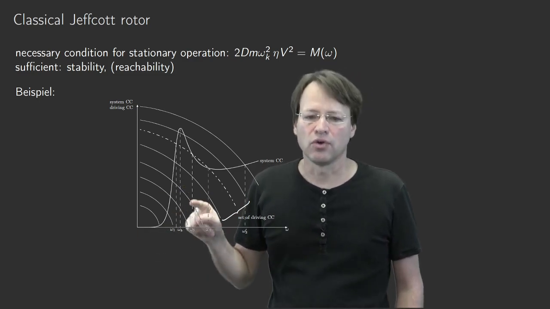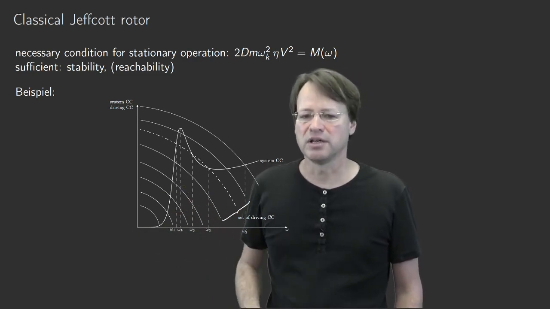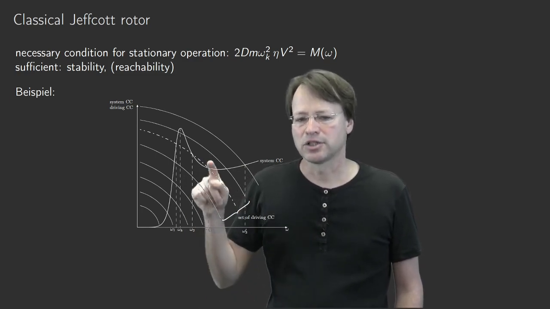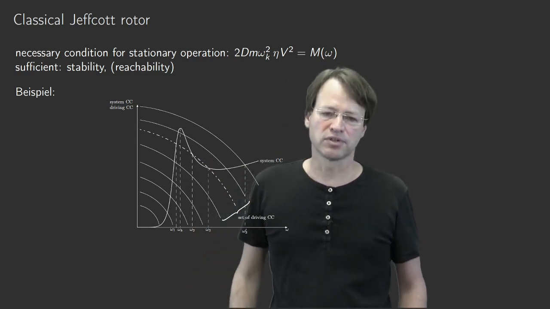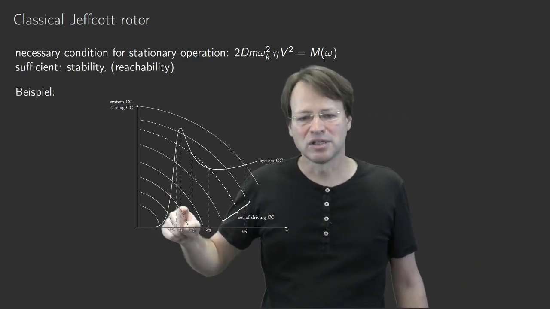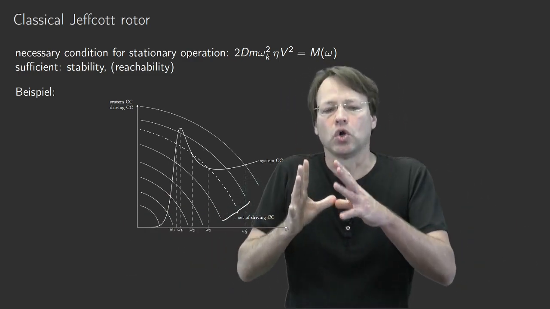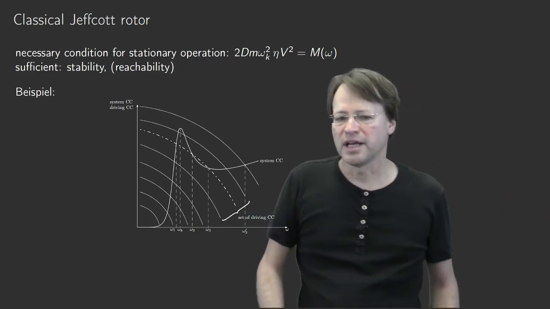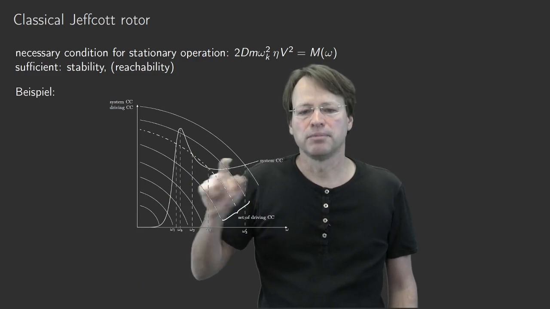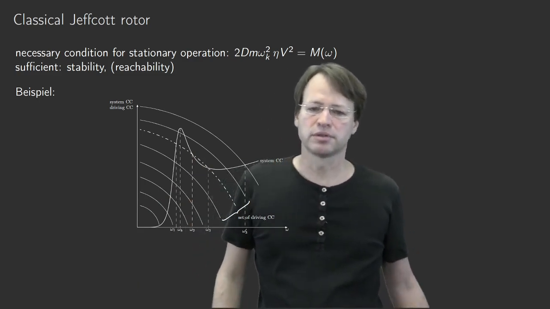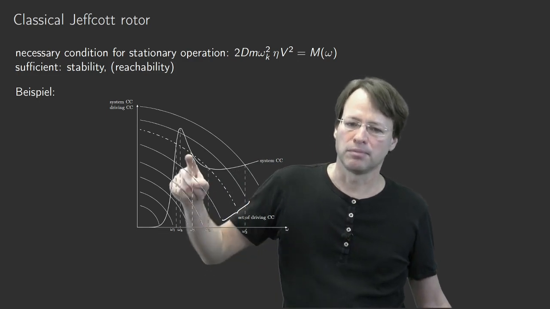For values of omega larger than omega 2, the driving characteristic curve is larger than the system characteristic curve, which means that we have a positive angular acceleration. That means that your rotational velocity increases more and more until you reach omega 3. In the opposite direction, the same holds, but with opposite signs.